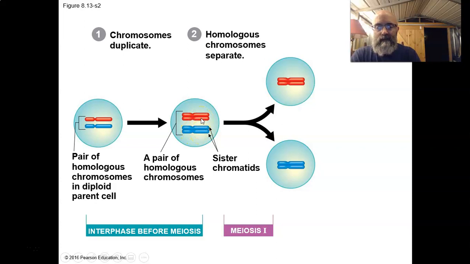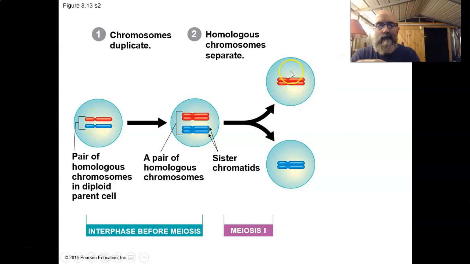Okay? Next stage is to split this copied chromosome, split that copied chromosome. We have now gone from 2 copies of that type of chromosome to 1 copy of that chromosome. So we have, say this is the maternal copy, mom copy and dad copy.